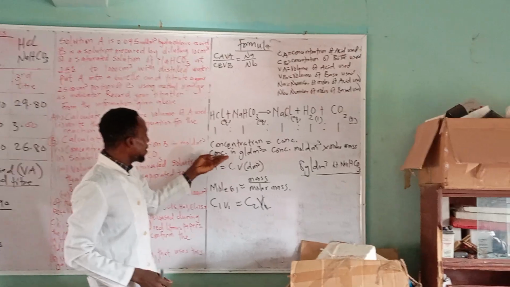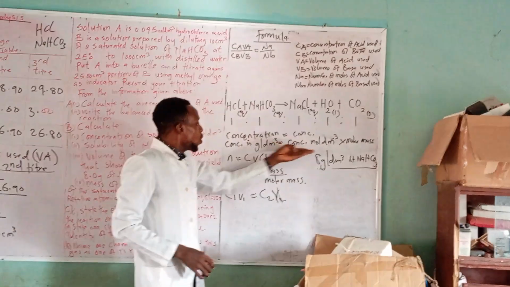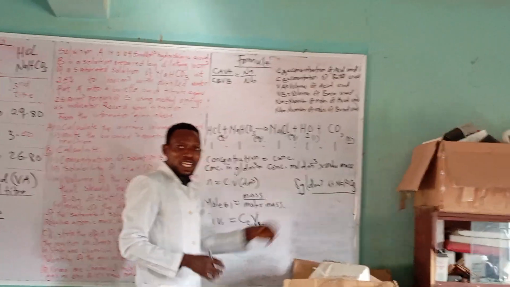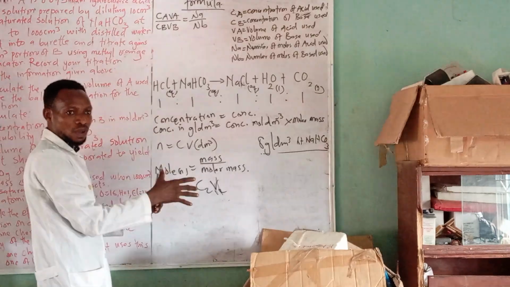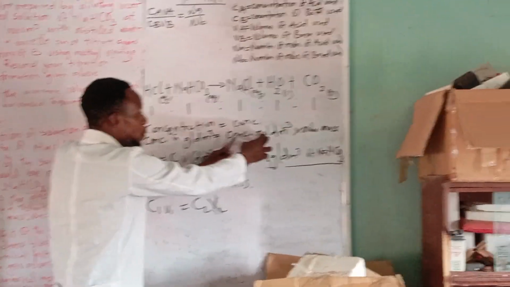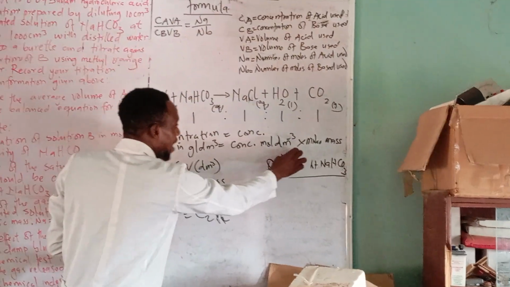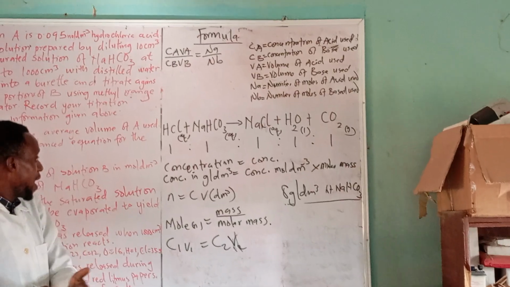So we have this formula that says concentration in gram per dm³ equals concentration in mole per dm³ times molar mass. In other words, this concentration in gram per dm³ is our mass concentration. So you can say mass concentration equals molar concentration times molar mass, depending on what the question asks you to do.